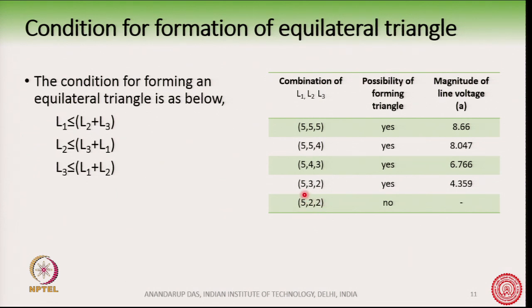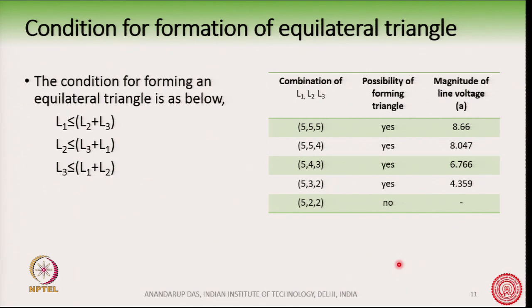But if we take the fault condition corresponding to 522, meaning we have lost 3 cells in B phase and 3 cells in C phase, then this condition will be violated. Under 522, it is not possible to form an equilateral triangle.